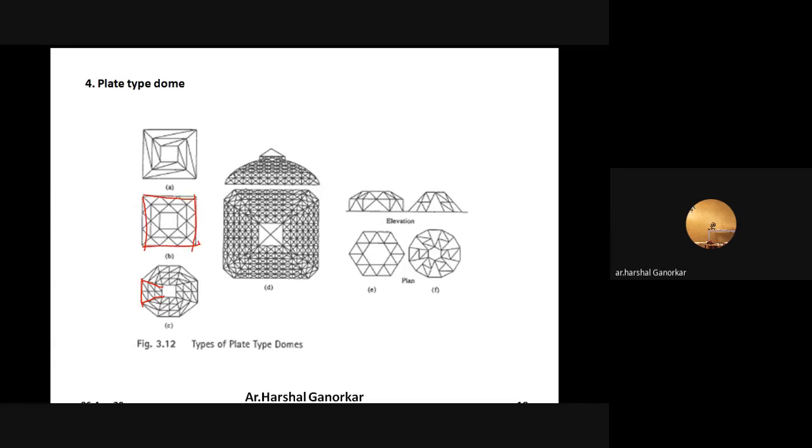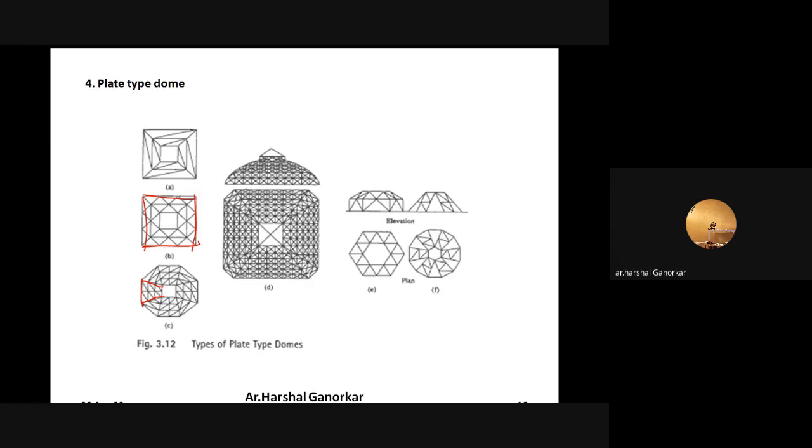So this dome is meant to cover the square planform. Basically, whenever we go for domical shapes or dome structure, the restriction with it is you require a circular planform. But when you want to cover a square planform, then you go for plate type dome.